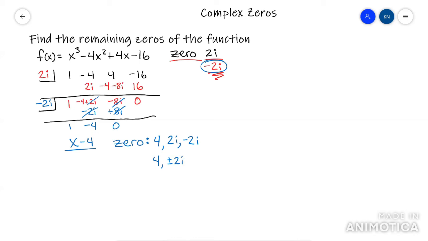Okay, let's look at one more. This would be not worst case scenario, because it could always get worse, but this would be considered a very difficult problem.